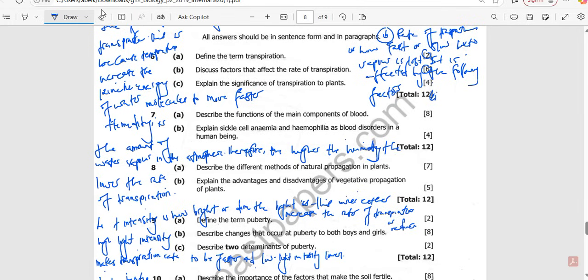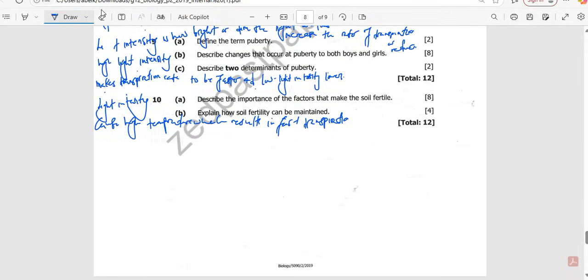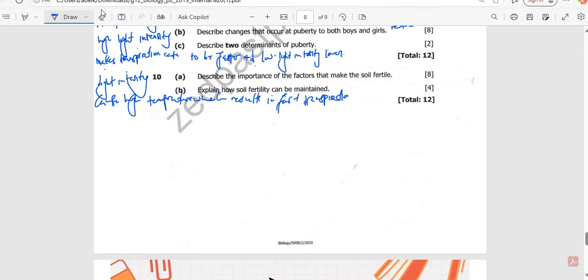Now for me to obtain these 4 marks, explain the significance or the importance of transpiration to plants. Why should plants transpire? That is our question now. So on that one, we'll say number one.